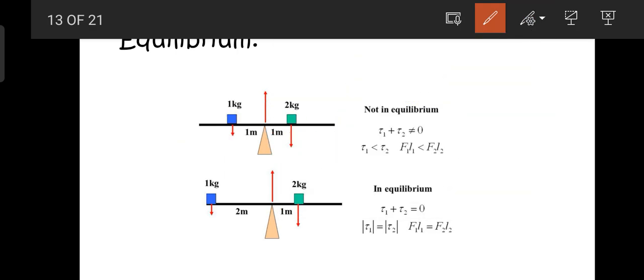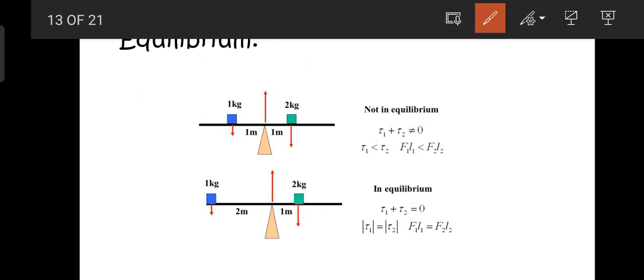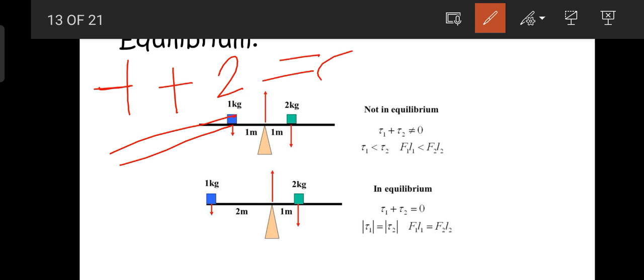So this will be minus 1 plus 2, which means 2. So the resultant will be 0, which is not. Here it is 1, here it is minus 1 and here it is plus 2, so this should be equal to 0.